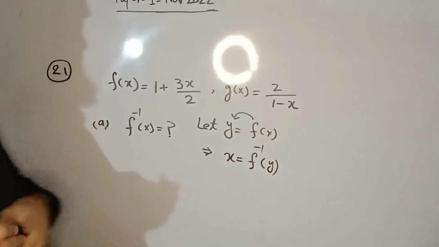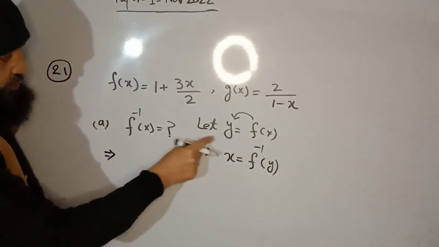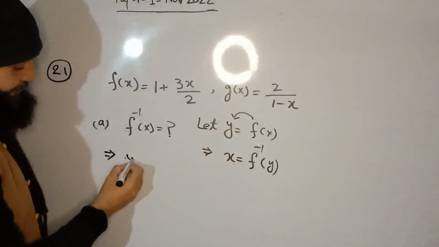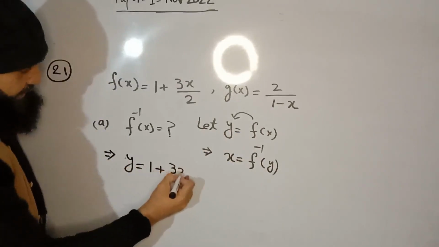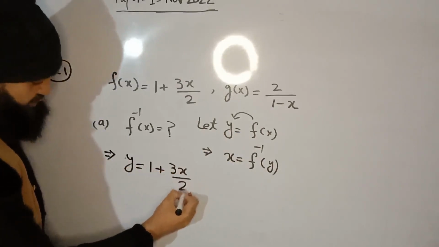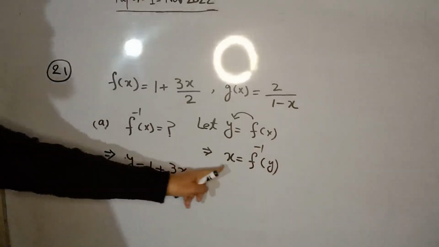So we put the given definition of f of x equal to y and then make x the subject of the formula. So y is equal to f of x, which implies that y is equal to 1 plus 3x over 2. That formula will give you f inverse of y.